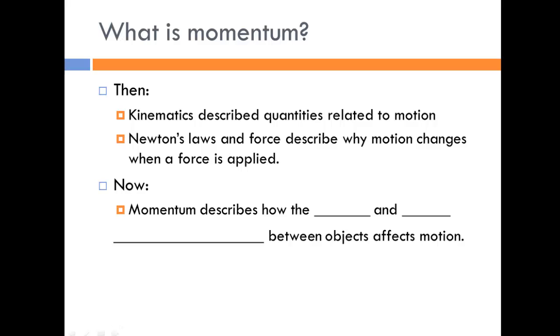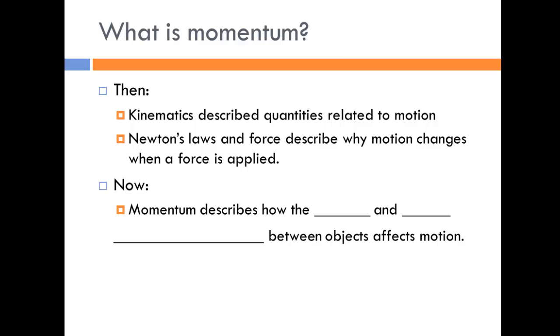All right, so what exactly is momentum? Well, let's just briefly revisit what we've studied so far. When we talked about kinematics, we used kinematics to define various quantities we associated with motion, such as displacement and velocity and acceleration. And we've gotten quite good at computing those quantities and figuring out how things change in a motion problem.